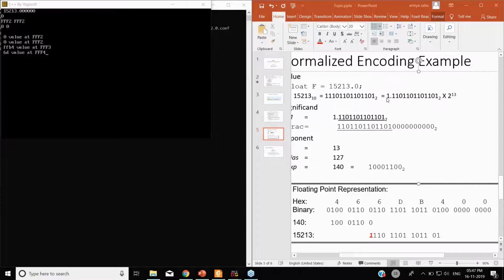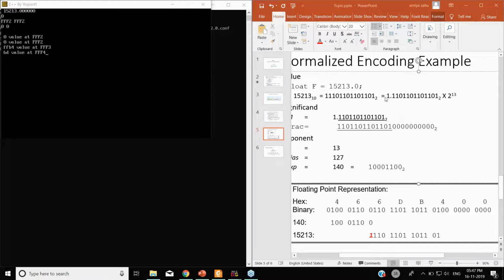Normalized format says I need to change this bit pattern in such a way that the format will look like this: 1 point the fractional part into 2 to the power of the exponent that we have seen in the format.